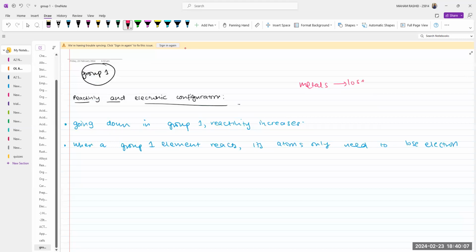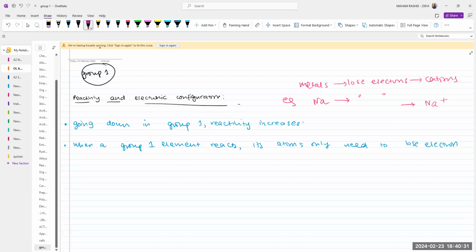Metals lose electrons, which is why metals make cations. For example, if I talk about sodium, which is in group 1, it's going to lose electrons and turn to a cation, that is Na plus. Because for metals, it's much easier to lose electrons.